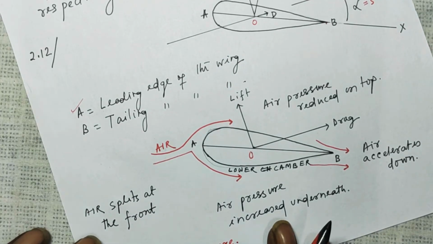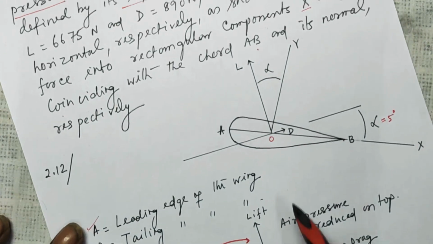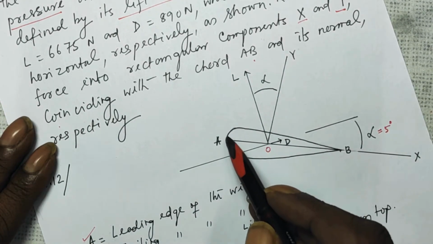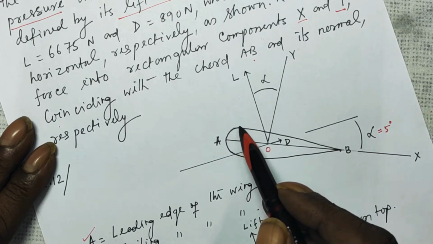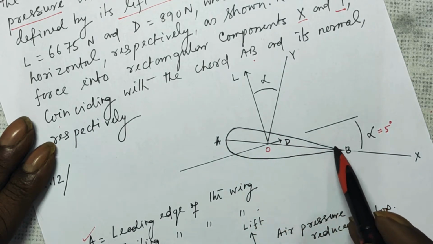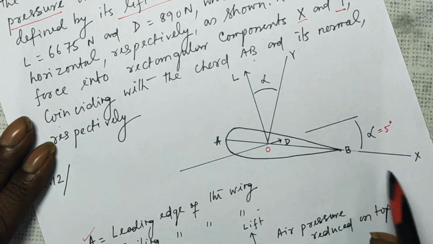Here, as you can see, I have drawn another diagram for you. Here the wing diagram is slightly wrong. The upper portion has to be more convex, and the lower portion has to be less convex, actually.